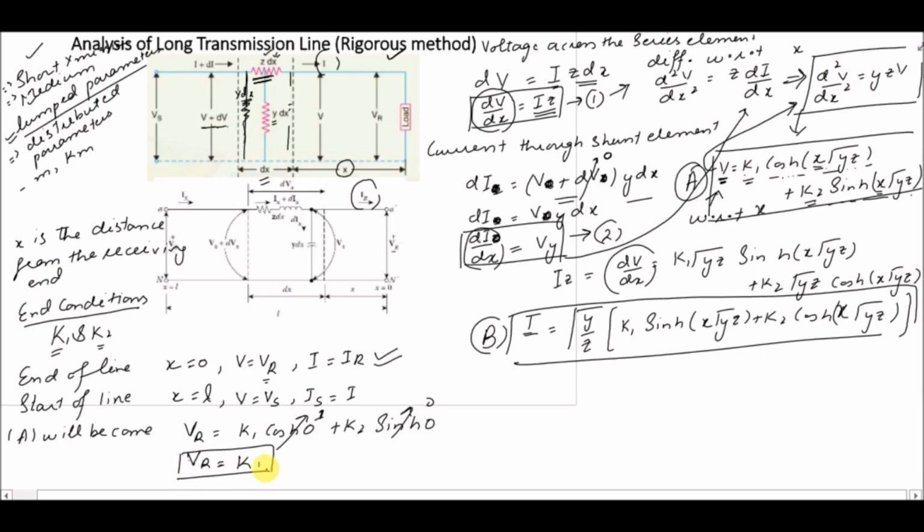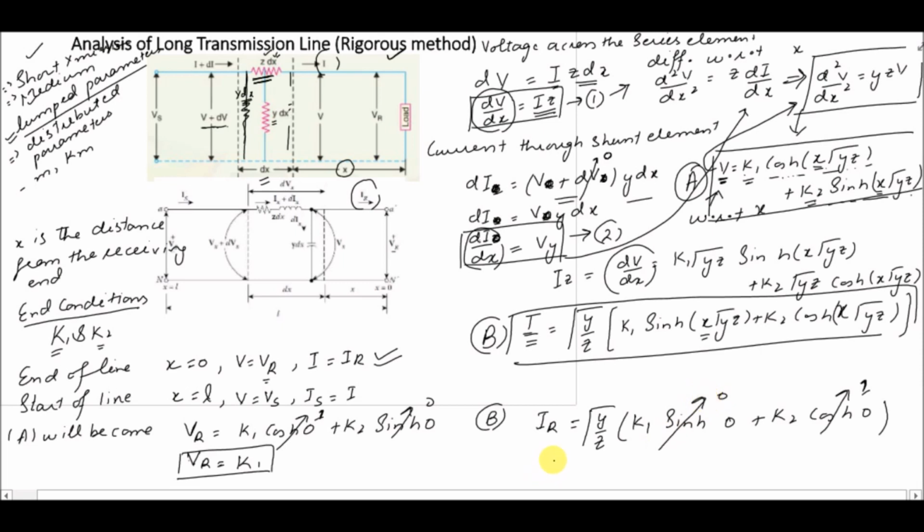Now for equation number B, the equation will become IR, because the current at the receiving end is IR, equal to under root Y over Z K1 sinh 0 plus K2 cosh 0, where x is equal to 0. So this is 0 and this is 1.